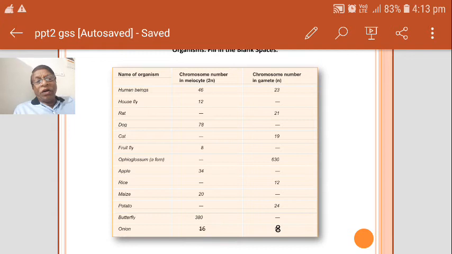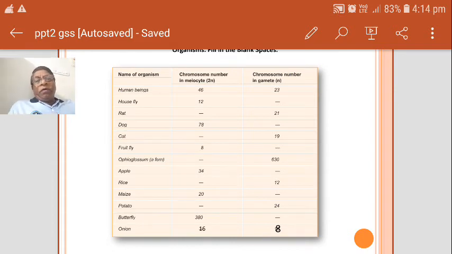In the second column, chromosome number in meiocyte. Meiocyte means 2n diploid number. And in the third column, chromosome number in gamete is there. That is n number. Okay.